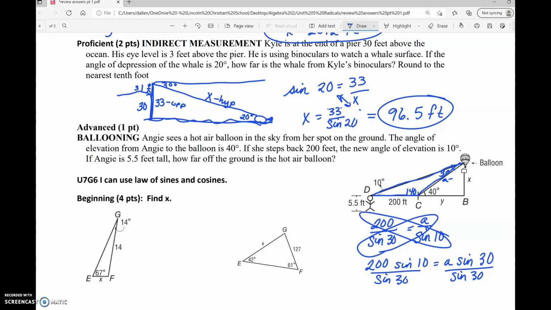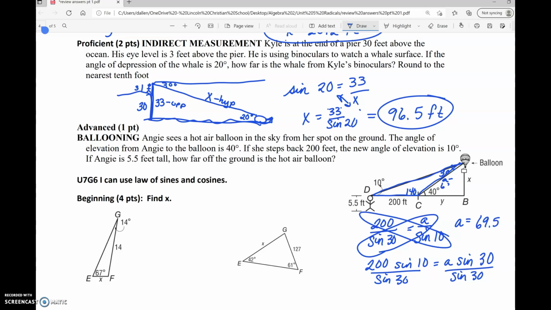So a, this little hypotenuse, ends up being 69.5 when you plug it into the calculator.